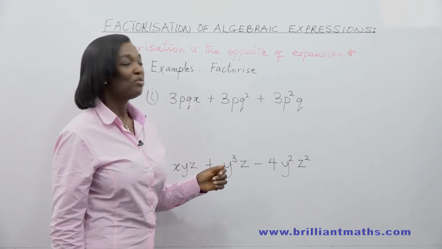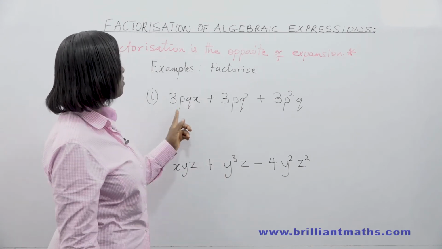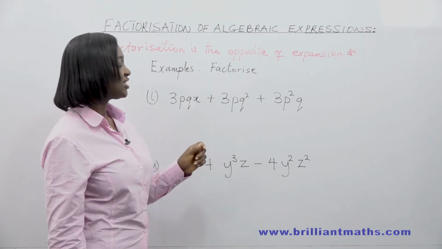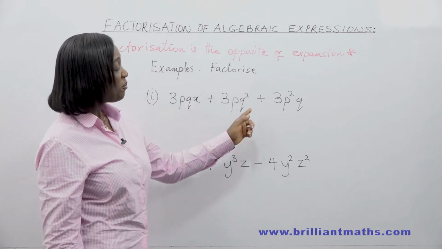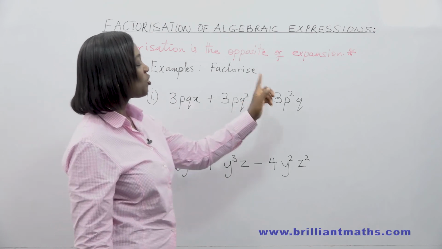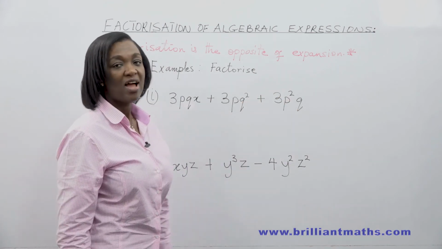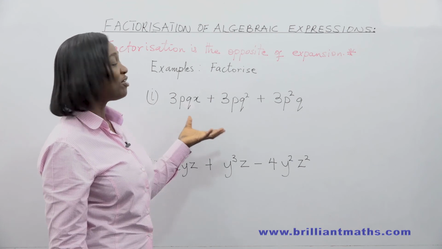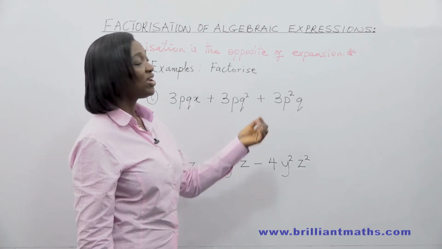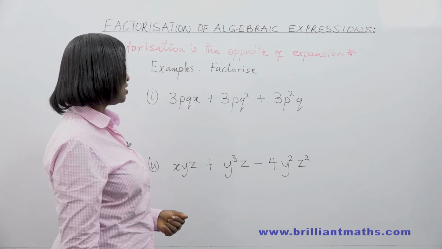In this example, we want to factorize 3pqx plus 3pq squared plus 3p squared q. And in order to factorize, we need to find the highest common factor of the three terms.